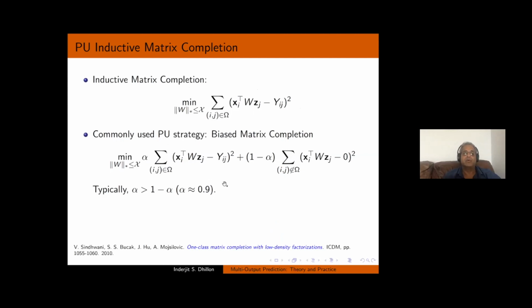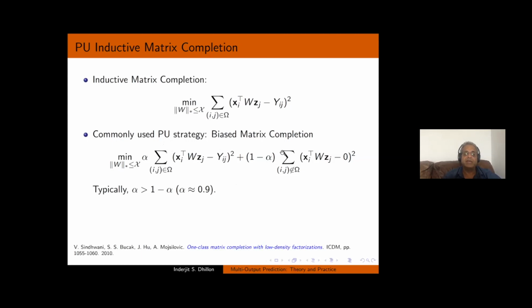And so what people have observed even before in practice, in a technique used in this 2010 paper which we call biased matrix completion, is that you can give a high weight to the known observations.